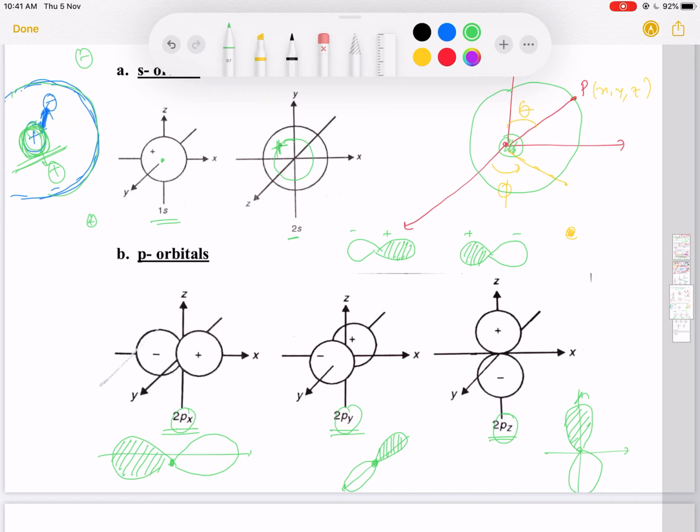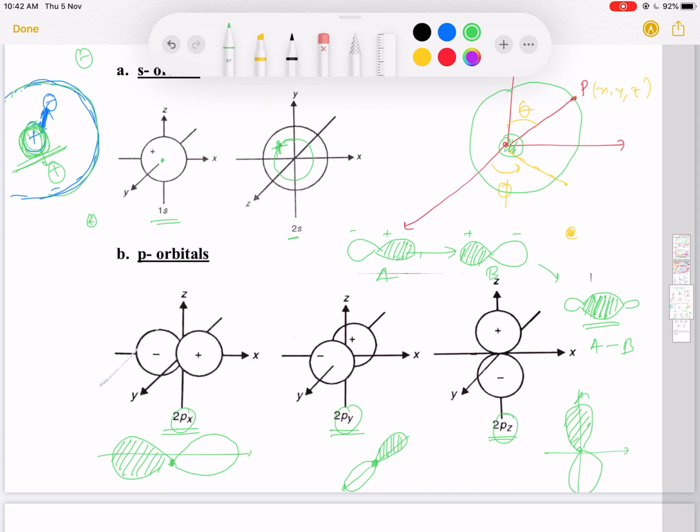This plus is positive symmetry, this is also positive symmetry, so they will overlap, and when they overlap, they will form like this. So this is called the formation of a bond. Say this is atom A, this is atom B, so a bond is formed between A and B like this. That's why symmetry is important.